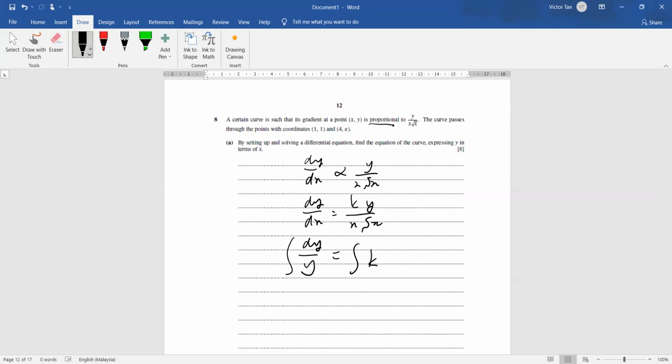I'm going to bring this power up so that I can integrate. So ln y equals kx to the power of minus half plus 1, which is half, divided by half.